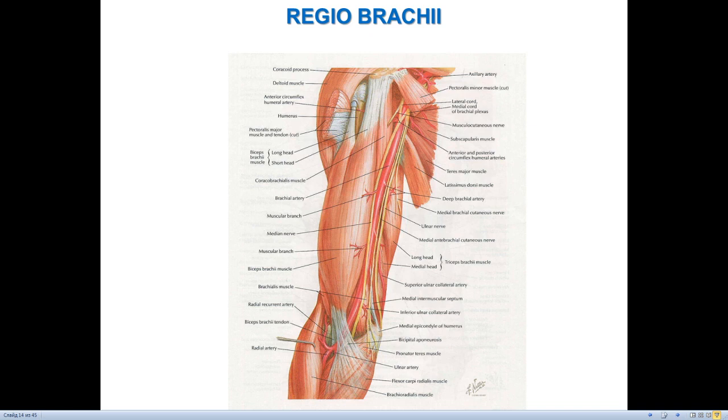Through the fascia between two heads of the ulnar and humerus muscle, musculus flexor carpi ulnaris, the ulnar nerve goes to the anterior surface of the forearm and rests in the sulcus ulnaris antebrachii.